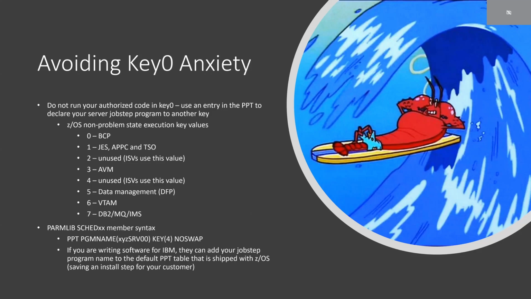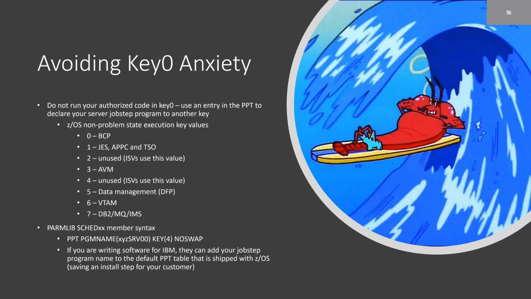So here are the sort of well-known non-problem state execution keys. So 0, as I said before, is the BCP. 1 is JES, APPC, and some aspects of TSO. 2 and 4 are pretty much unused these days. There were some components that used them a long time ago, but pretty much these days they're unused.